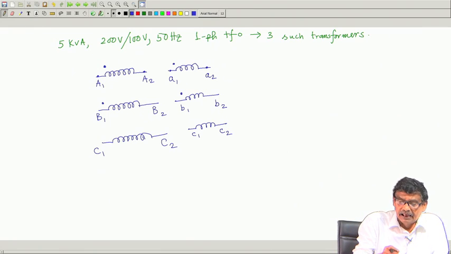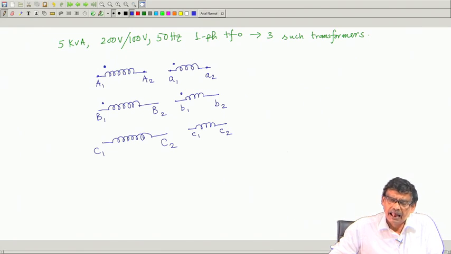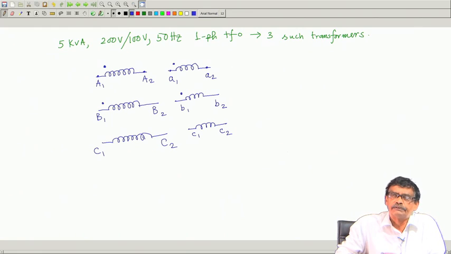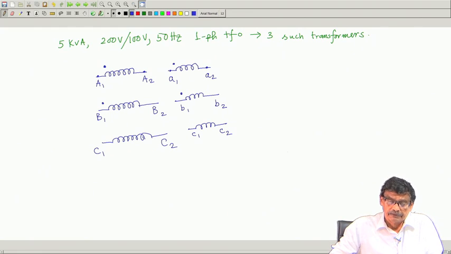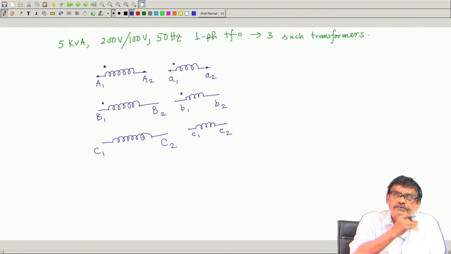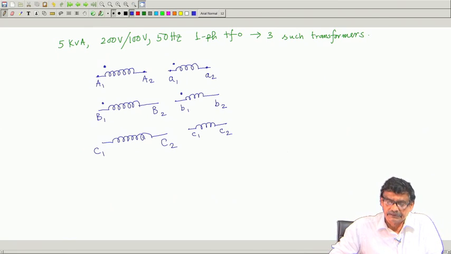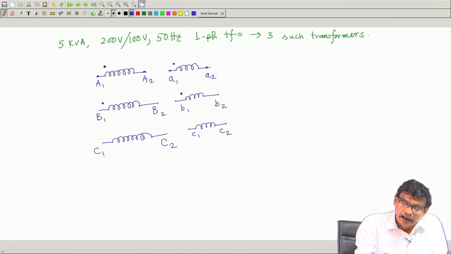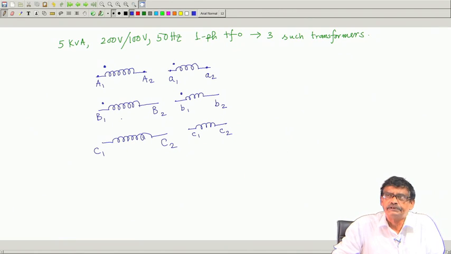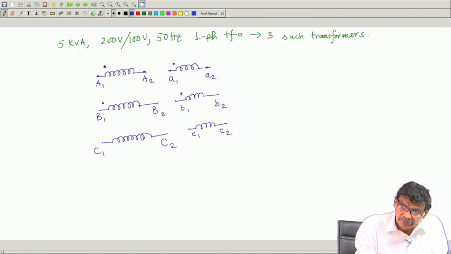It looks like I named the transformers A, B, C, and I will assume it will be supplied from supply A, B, C. Okay? That is why A phase, B phase, C phase, like that. Acha. This polarity marking is essential, I am telling you. Now, suppose what I will be doing.